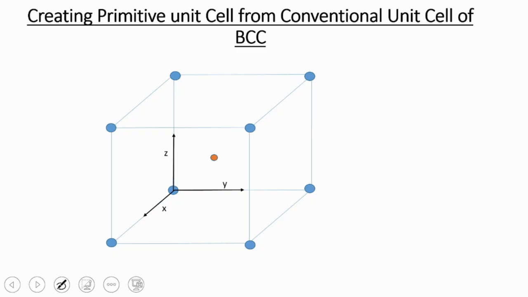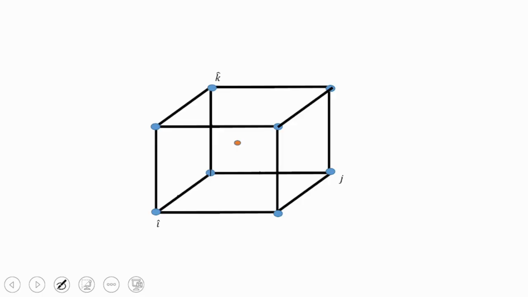In this figure, I have already shown the X, Y and Z axis for reference. Unlike the FCC case that we discussed in our previous video, where we chose a corner point as the origin, here we will take the body-centered point as the origin, and from this point we will draw the vectors connecting the 3 nearest corners like this.